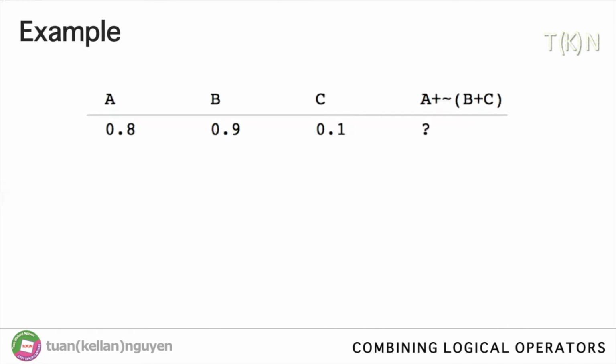Now let's use an example to understand more the rules. We have the membership scores in three single conditions, A, B, and C. We need to calculate the membership for the example case in the complex expression, that is the disjunction of A and the negated set of disjunction of B and C. We first start with the negated set of disjunction of B and C. Apply the Morgan's law.